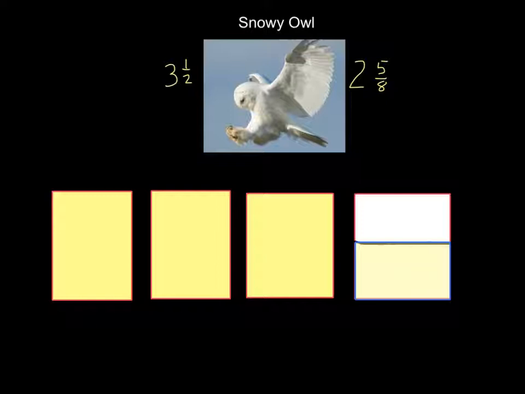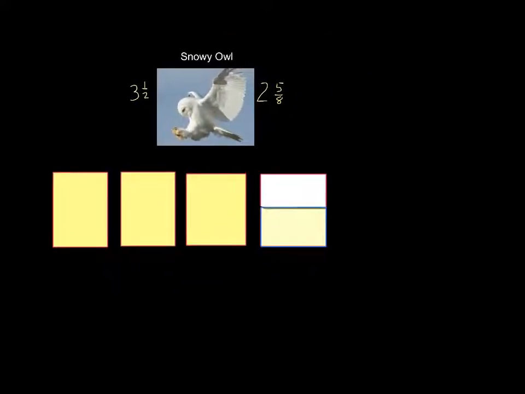Now, I'm subtracting because her little baby owls have already eaten 2 5/8, but I can't take an eighth away from here because I only have a half. So the very first thing I need to do is figure out my LCM, and I'm going to do that by just working right over here and writing L, which stands for least, C, common, and multiple.